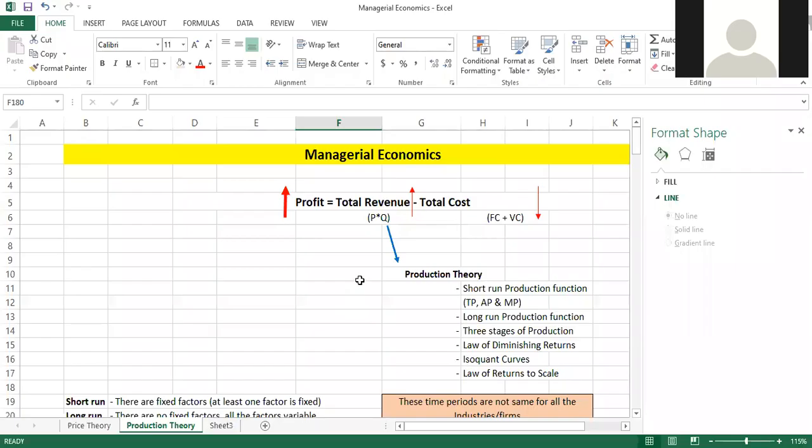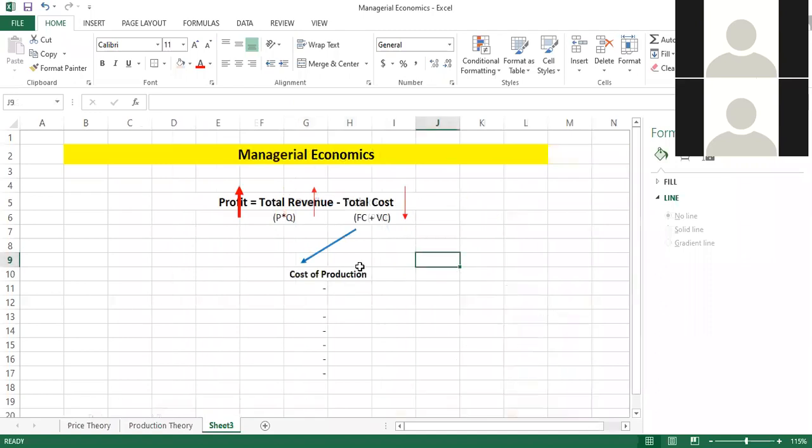Then we can discuss the other major category, cost of production. So far we have discussed price theory and production theory. The other important part is the cost of production.